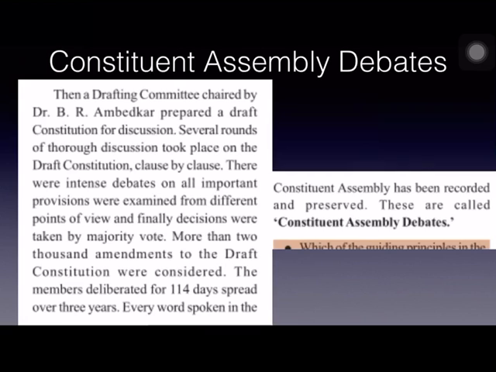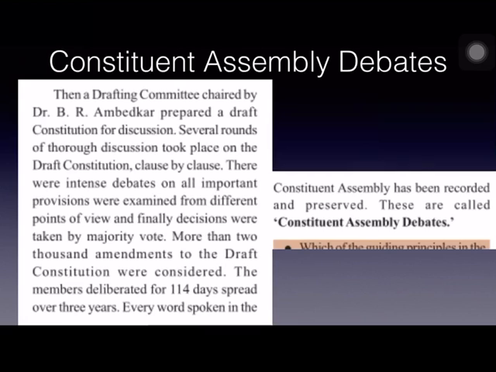And the Constituent Assembly received many suggestions from the people all over the country. They made many suggestions, and these suggestions were incorporated in the Constitution. That is to say, when all the people made suggestions, more than 2,000 amendments to the draft Constitution were considered.